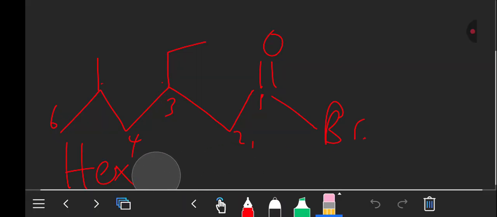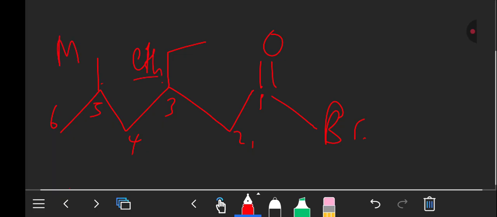So we just need to make sure that we name the substituents. So the substituents at position number 5, there is methyl. At position number 3, there is ethyl. So which one do you get to name first? The one which has E, ethyl. So E is first in the alphabet, then M, which is methyl.